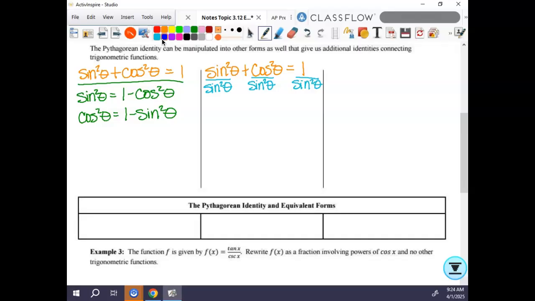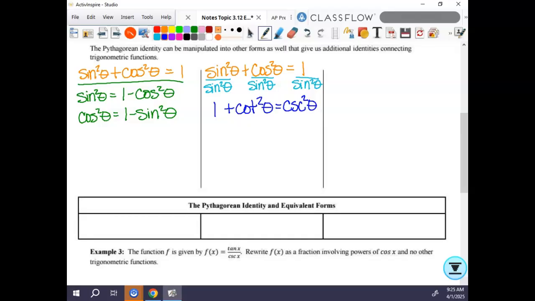So sine squared divided by sine squared is 1. What's cosine over sine? Cotangent, right? So this is going to be plus cotangent squared theta equals, and then what's 1 over sine? Cosecant. Cosecant squared theta. So there's a Pythagorean identity with cotangent and cosecant in it.